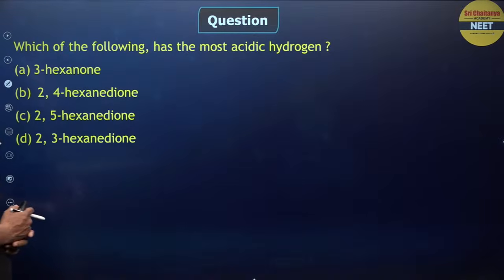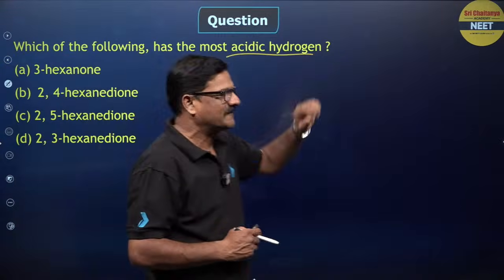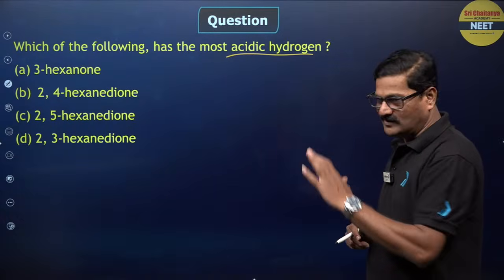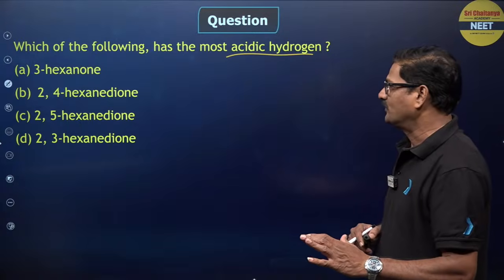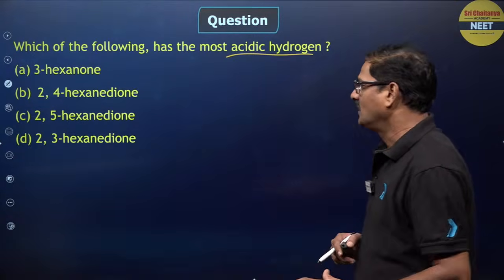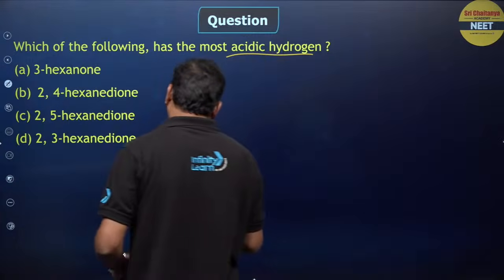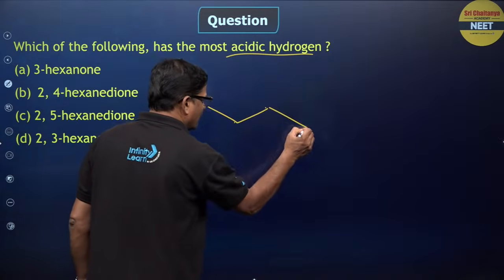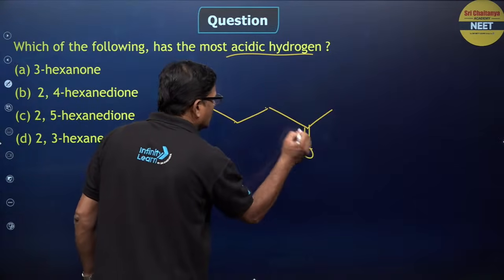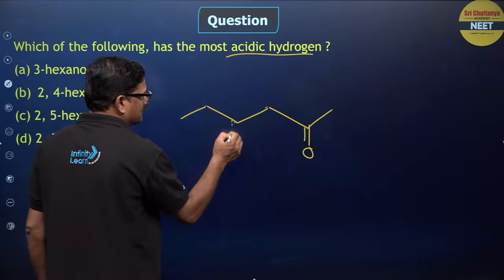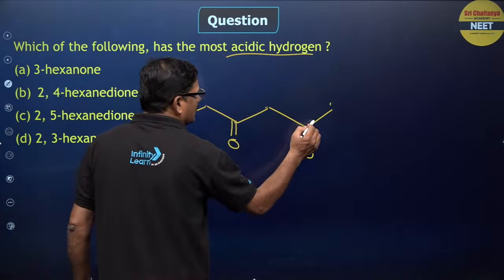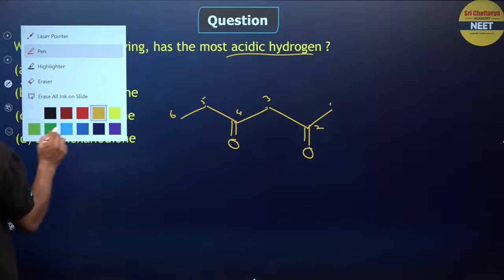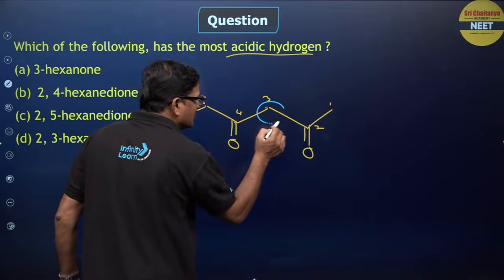Next question. Which of the following has the most acidic hydrogen? Okay, it is all ketones. 2,4-hexanedione and 2,5-hexanedione. Numbering 1, 2, 3, 4, 5, 6. Now you can see this is an active methylene group.